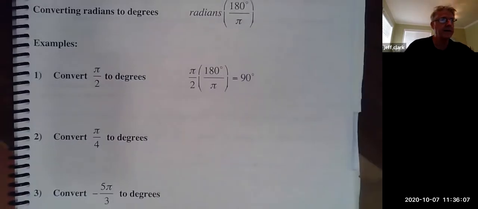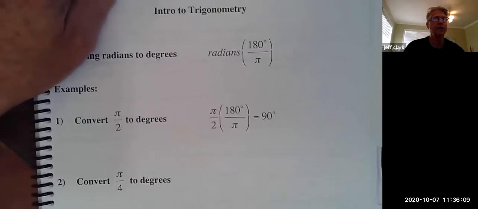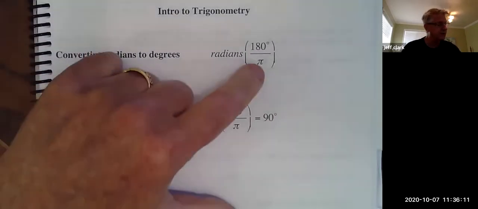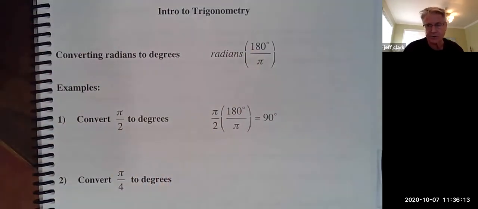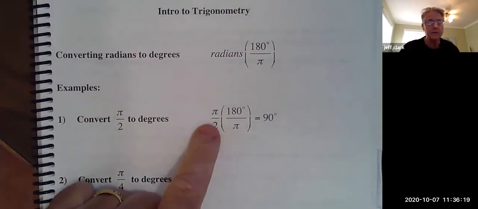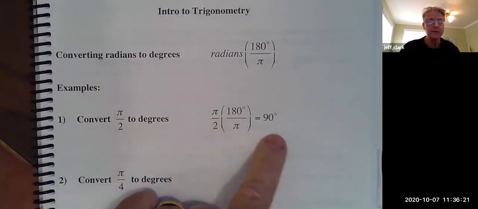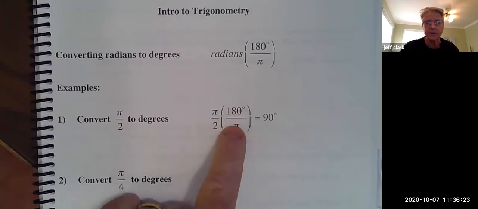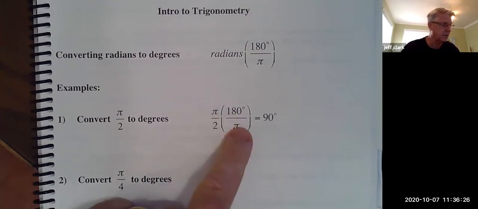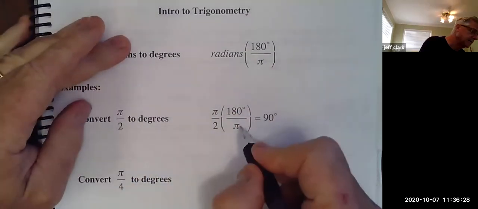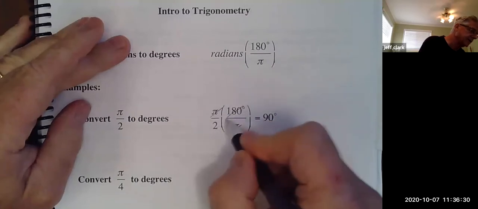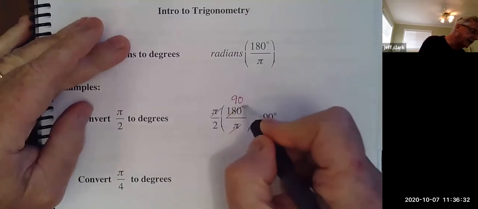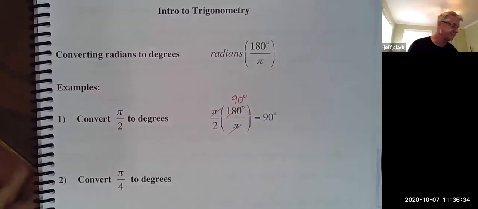You can go the other way as well. If you want to convert radians into degrees, you flip that fraction that we had used, that ratio, and that'll take your radian and turn it into a degree. Just like this, pi over 2 is equivalent to 90 degrees, because if you multiply by this ratio, the pi's go away, and 2 goes into 180, 90, the little degree marker is still there.